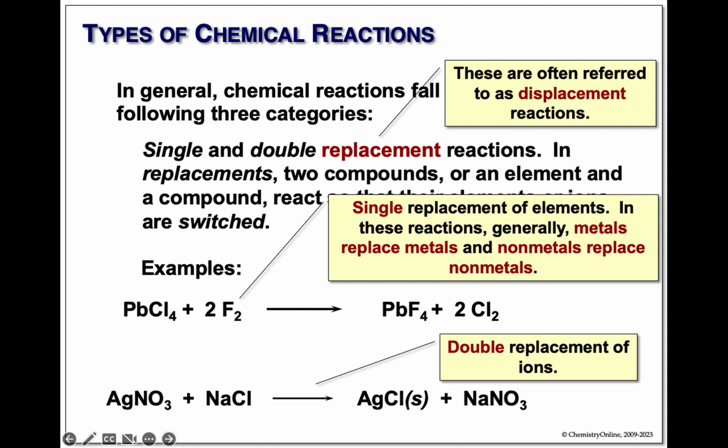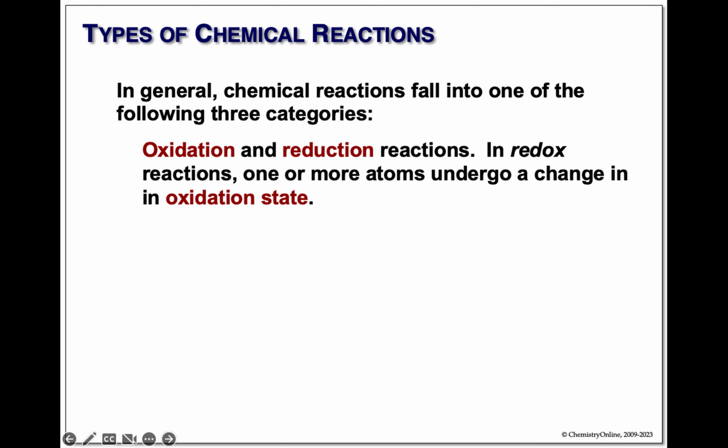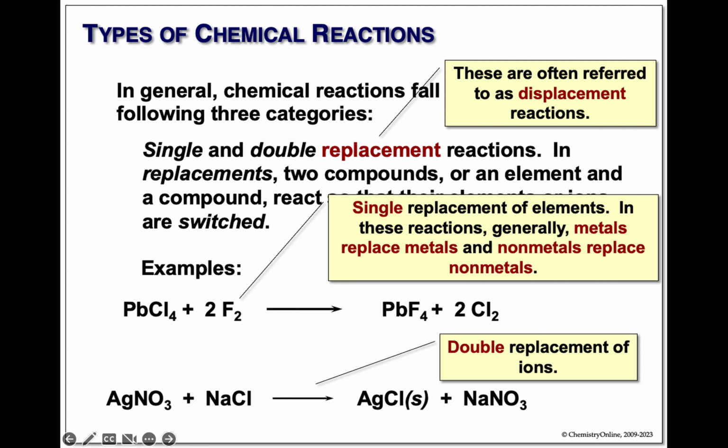What we do basically is we swap ions. The sodium has replaced the silver bonded with the nitrate, and the silver has replaced sodium bonding with the chloride. In order for a double replacement reaction to occur, something must be insoluble in water. We'll talk about water solubility in a bit.